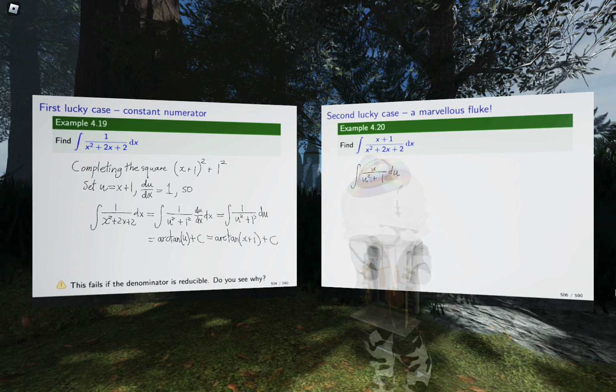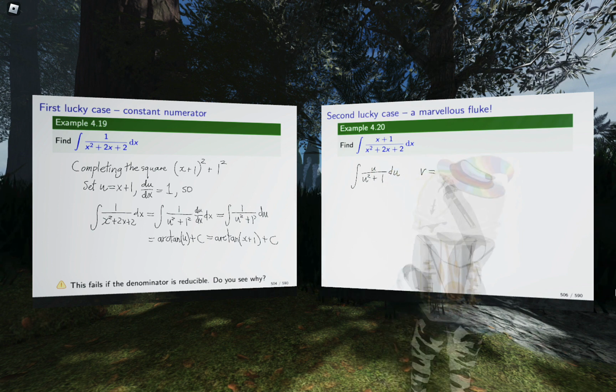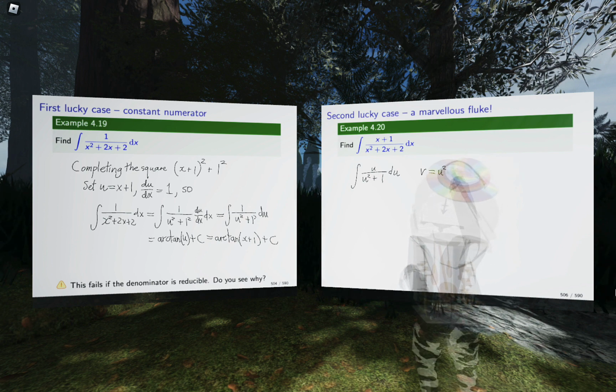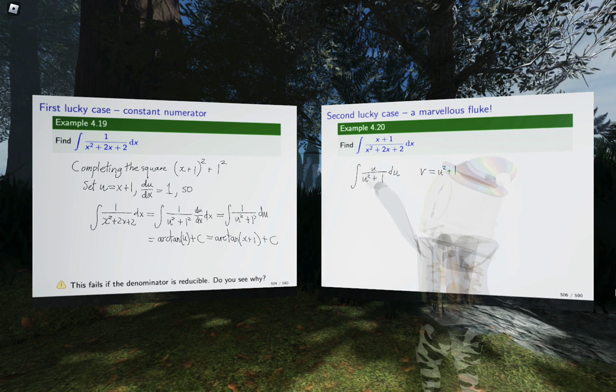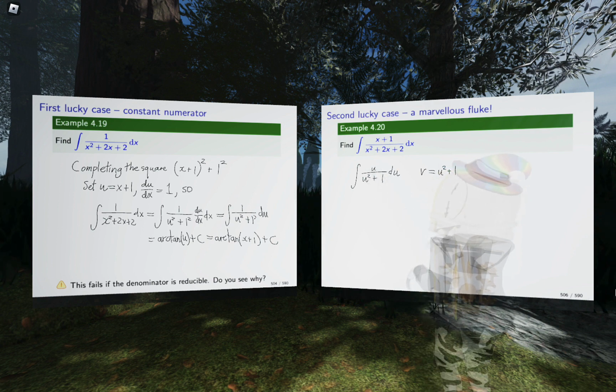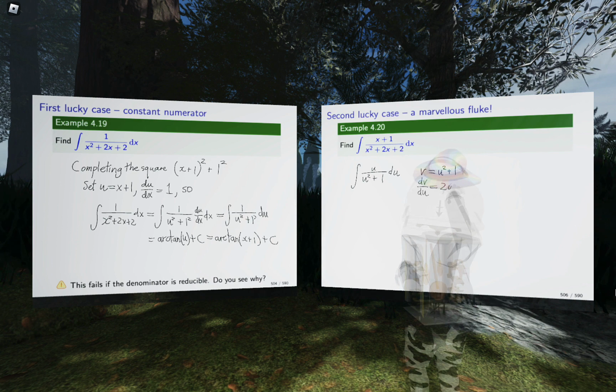So what do we do? Well, we make a further substitution. Right, we're just lucky, as the slide says, that the numerator is the derivative of the denominator. So let v be u squared plus 1, then dv du is 2u.